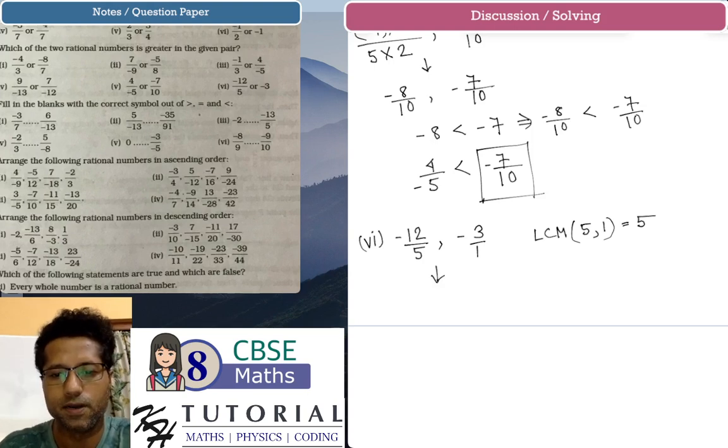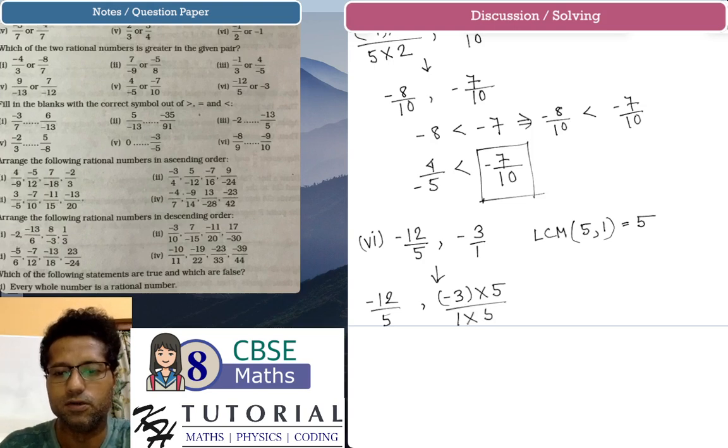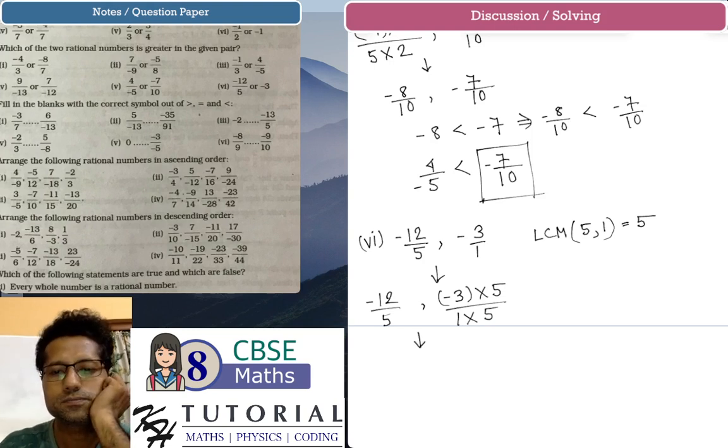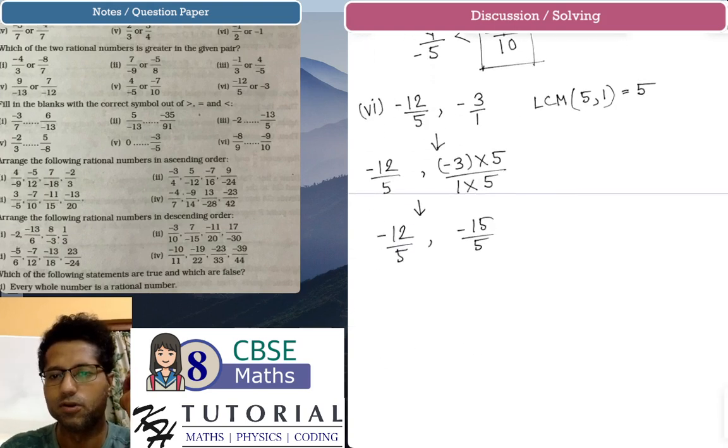So minus 12 by 5 will remain minus 12 by 5 because the denominator is already 5, and for minus 3, we have to multiply both the numerator and the denominator with 5 to make the denominator 5. So the new pair of rational numbers become minus 12 by 5 and minus 15 by 5. Now the rational numbers have the same denominator 5.